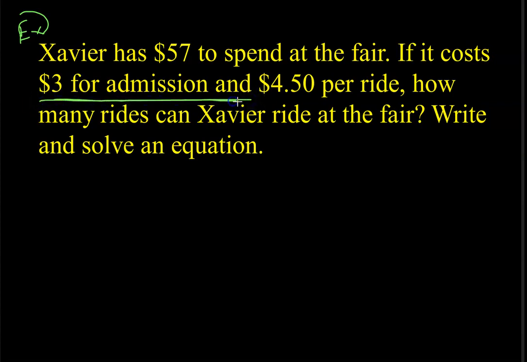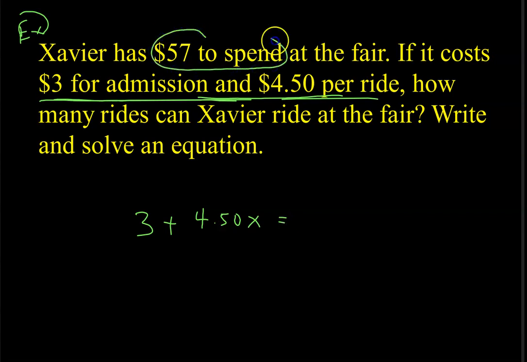That's not going to change. So I know it's 3 plus something else. I know it costs $4.50 per ride, so that's 4.50x, because as each ride changes, it increases by $4.50. And we want to know how many rides he can ride before he's out of his $57. So I know that has to equal 57.